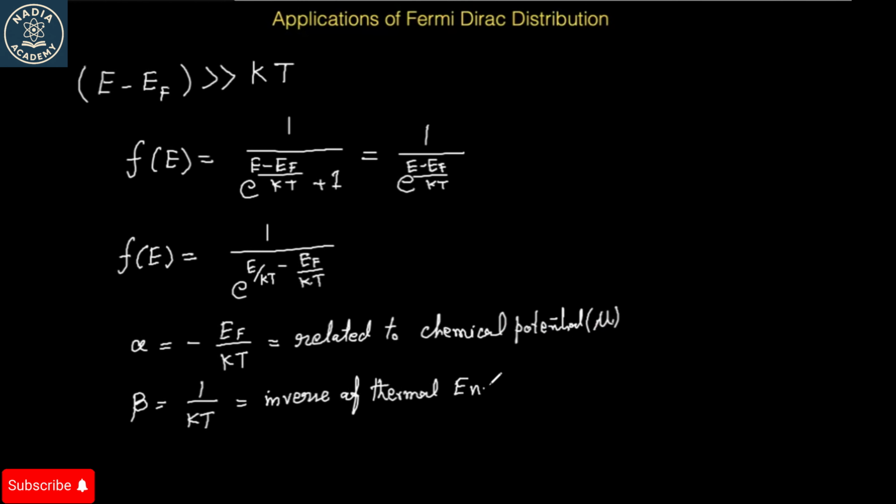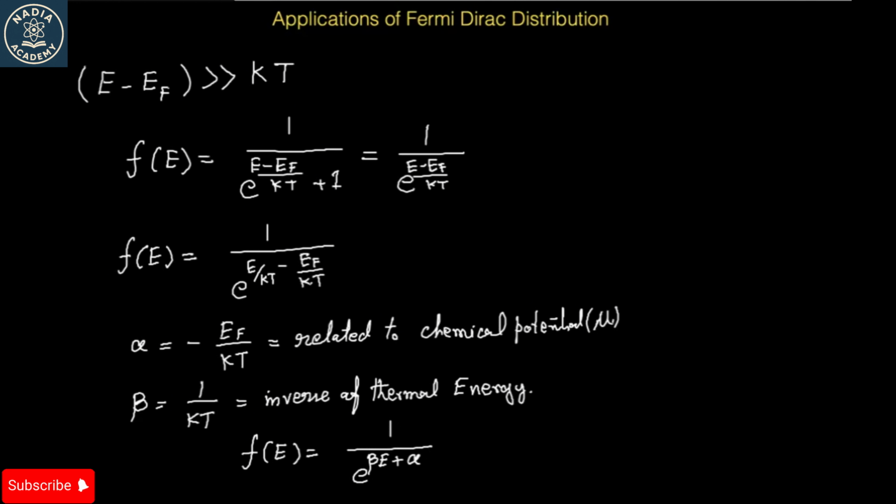Okay, so now if we put these two parameters alpha and beta in our Fermi function, we will get our Fermi function f of E equal to 1 over e raised to the power beta E plus alpha.